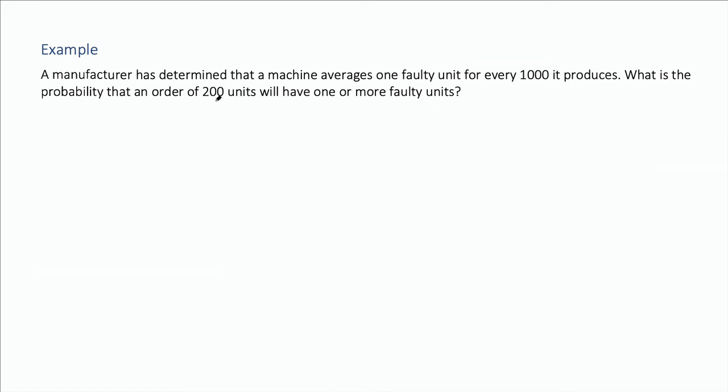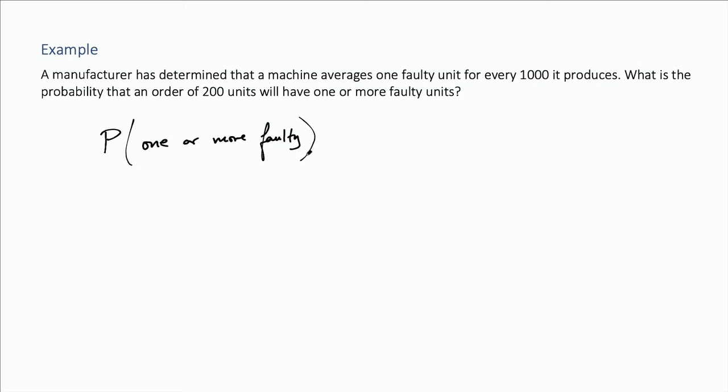So, the probability of 1 or more faulty units. What this means is that we have not produced a perfect set of 200.